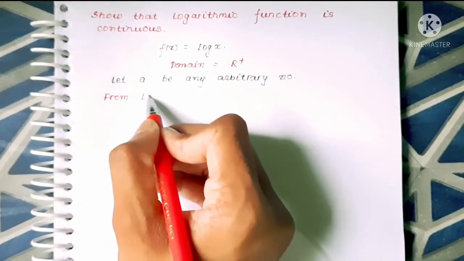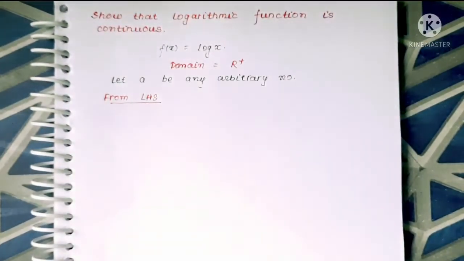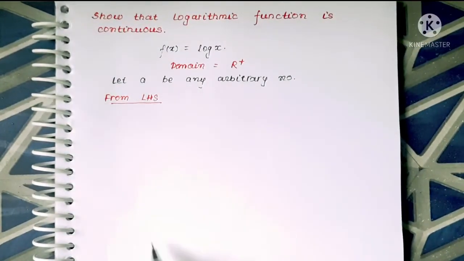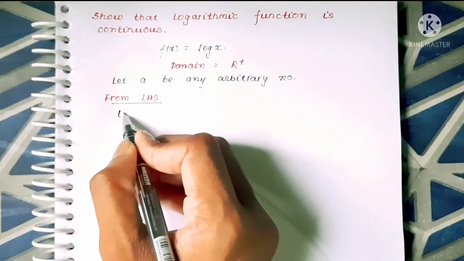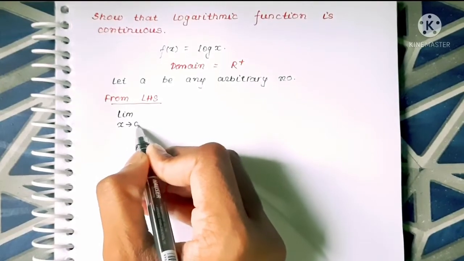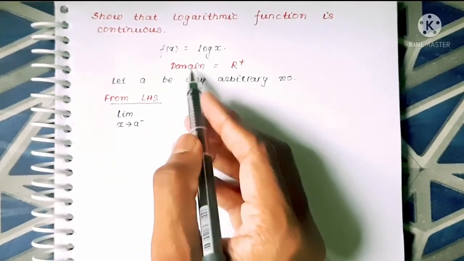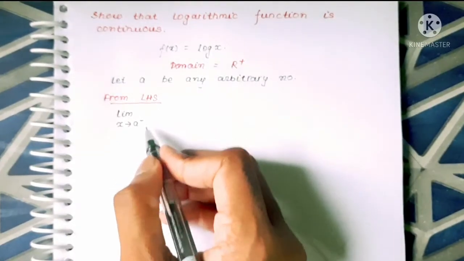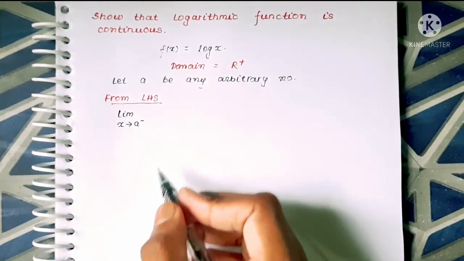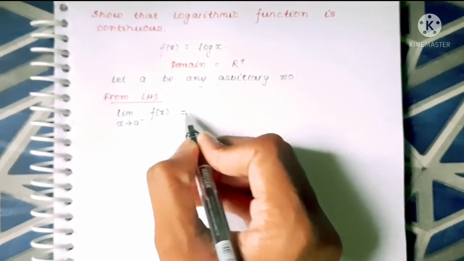From the left hand side we will solve that when limit x tends to a negative, then the function f(x) will be equal to log x. So we won't write log x, we will write f(x), which is the function.